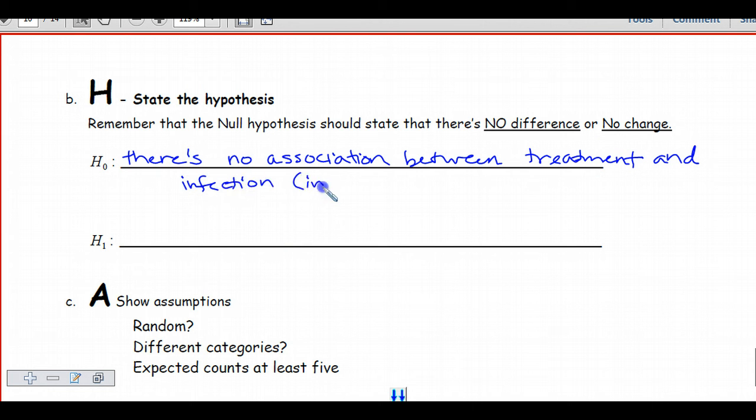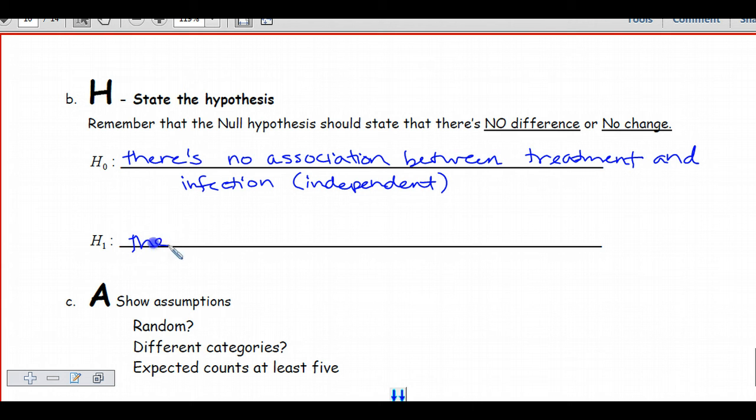which means that it's independent. So getting the infection, or the virus that they exposed them to, is independent. They don't have anything to do with each other.